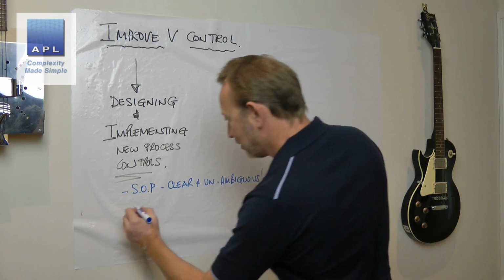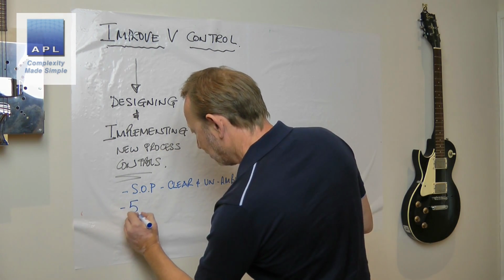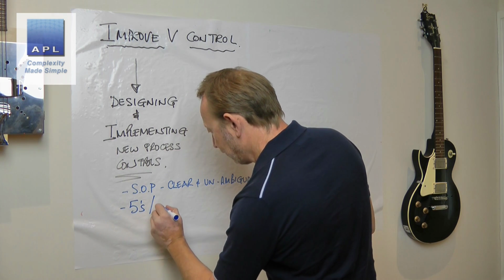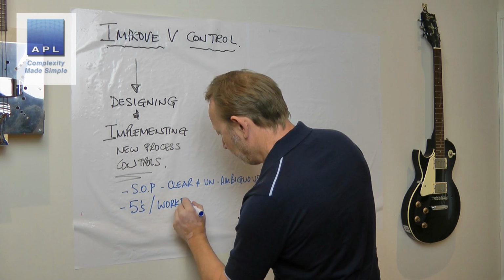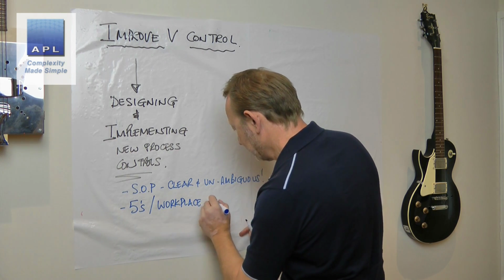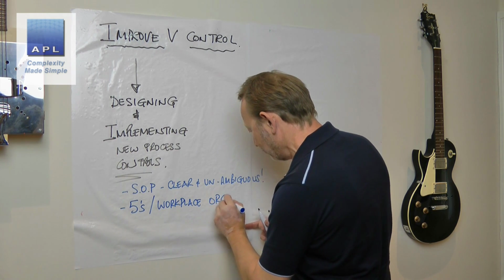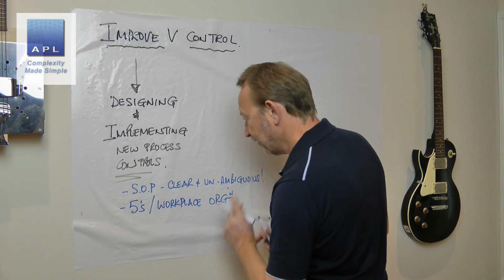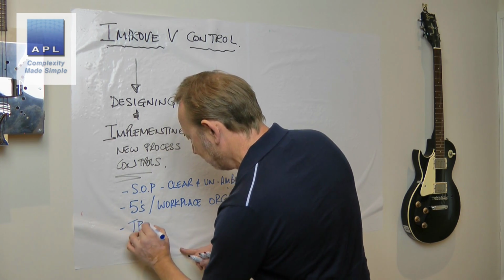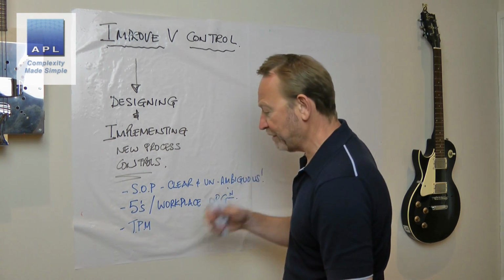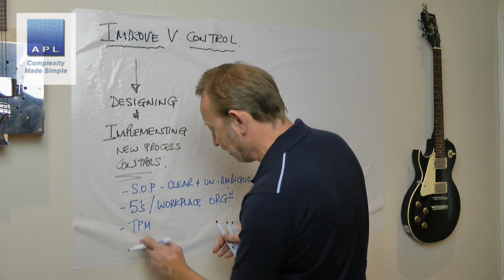So it could be standard operating procedures, it could be 5S, workplace, a better phrase for 5S is workplace organisation, by the way. You could be doing 5S, you could be implementing total preventative or productive maintenance.